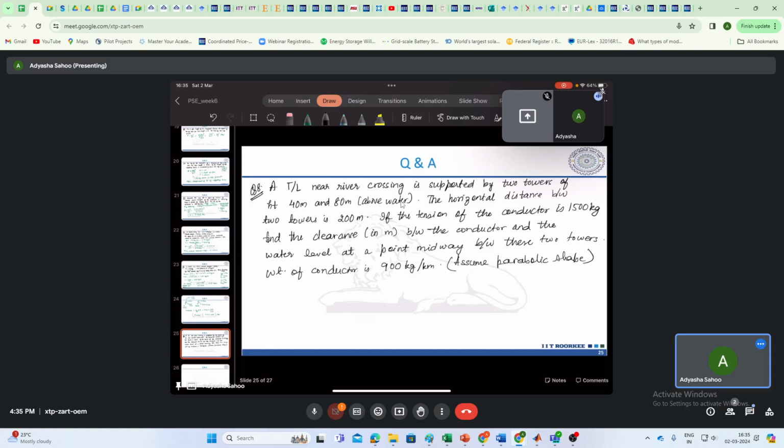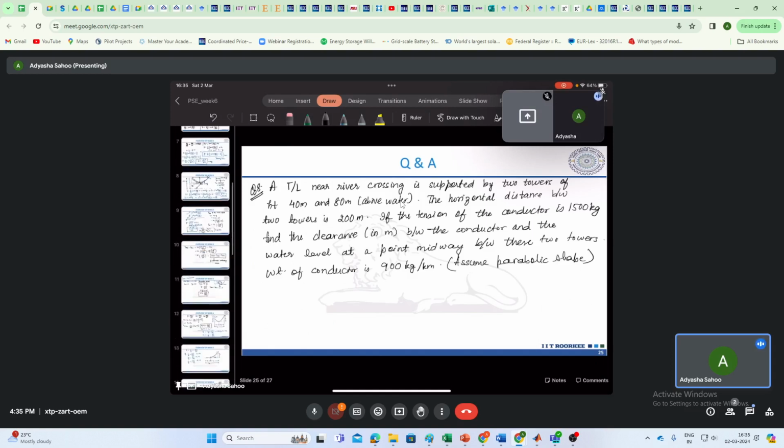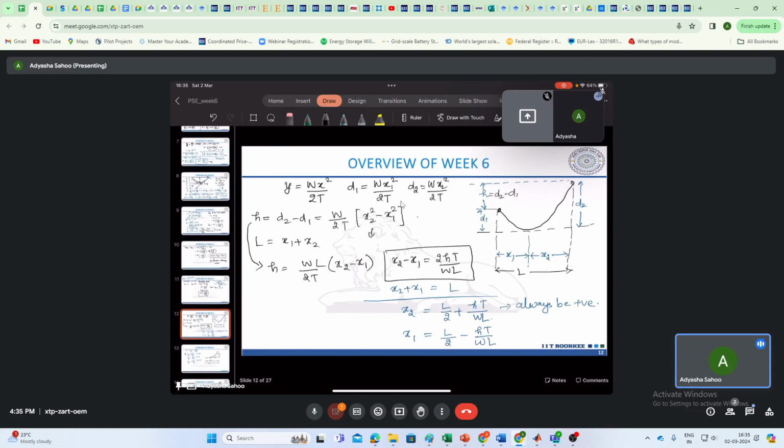So for this we had seen the relation here, right? First we need to see if this x1 here is positive or negative.